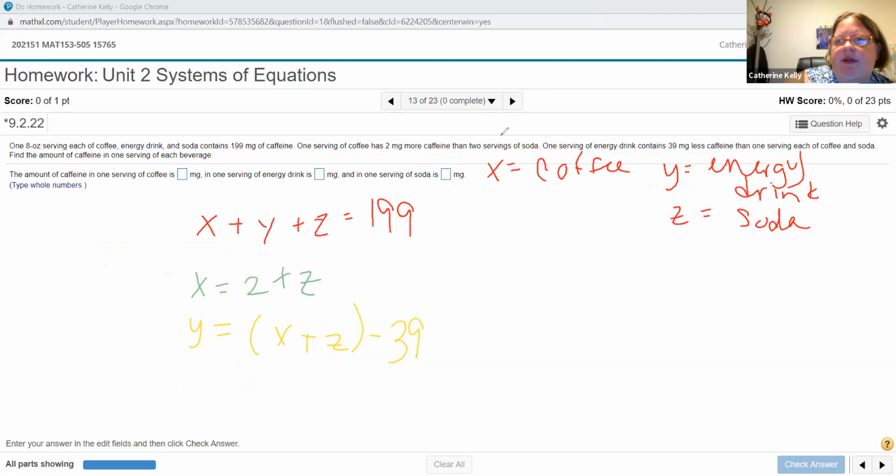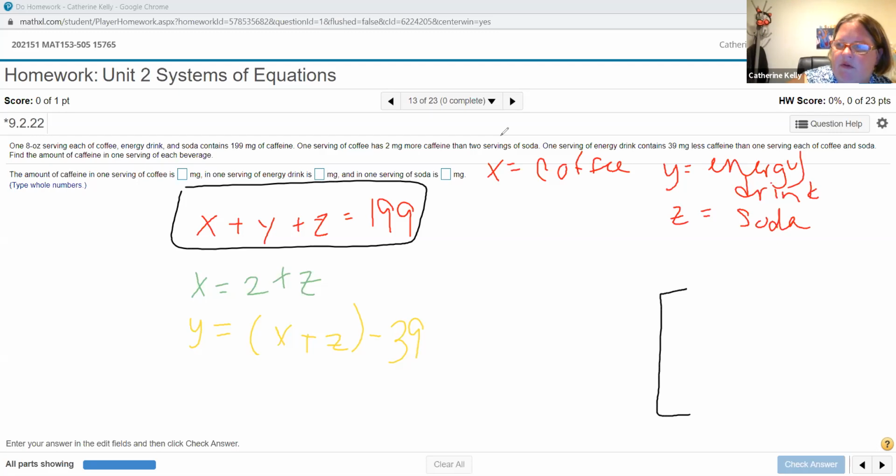What I'm going to do now is set your equations up and get them into the format that you can put into the calculator. You have one equation right here. So if I were to set it up, it would say 1, 1, 1, 199.